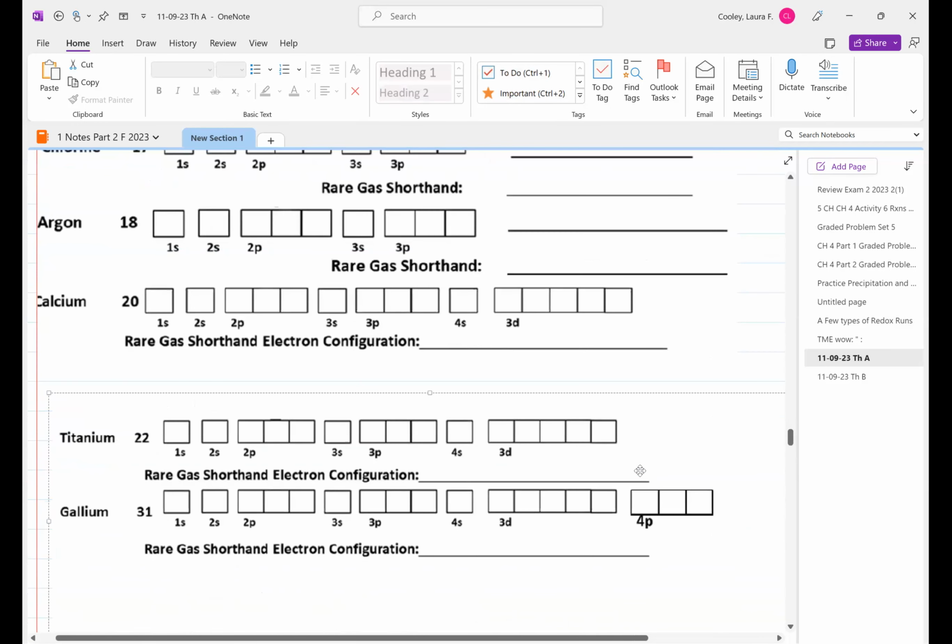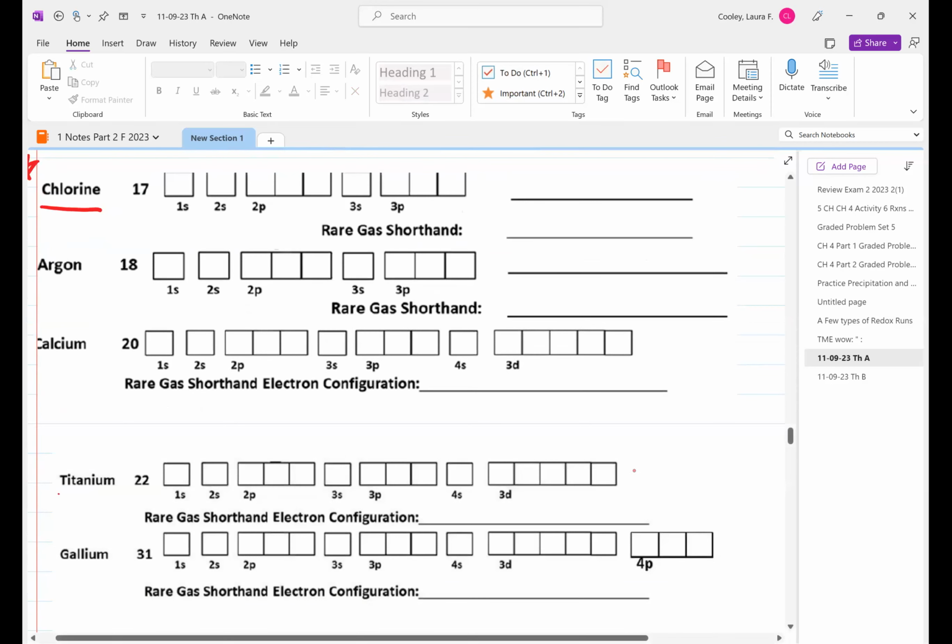Yeah, chlorine and titanium were the ones. But just give me this part.